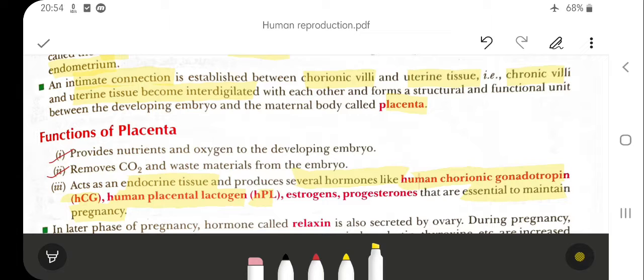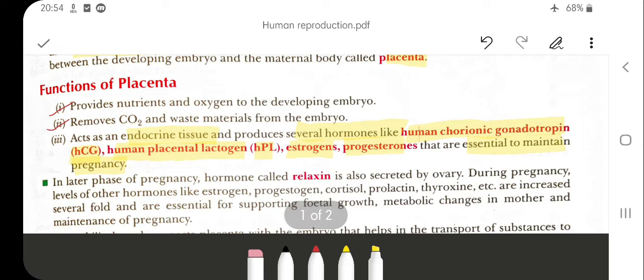Other hormones which are produced are estrogen and progesterone, but the source of estrogen and progesterone is the ovary, whereas the source of HCG and HPL is the placenta. In the later phases of pregnancy, the hormone called relaxin is secreted by the ovary.